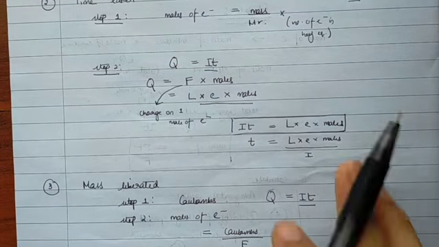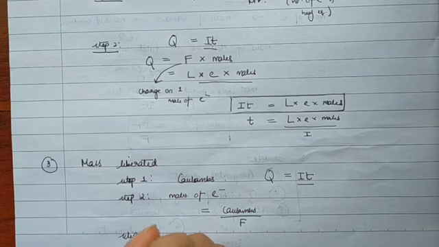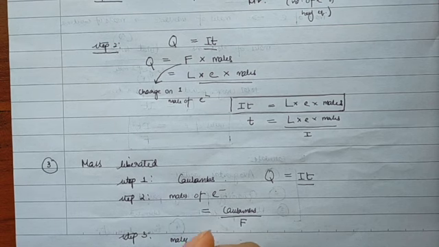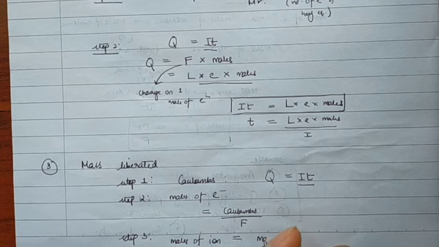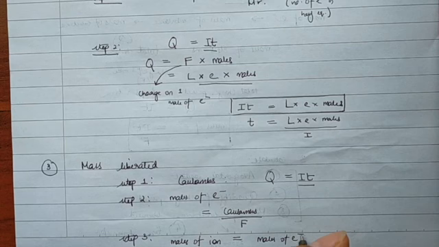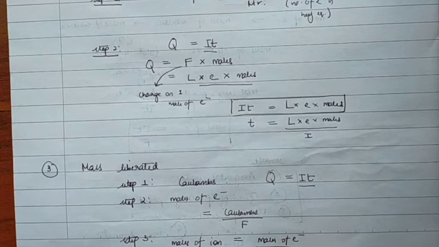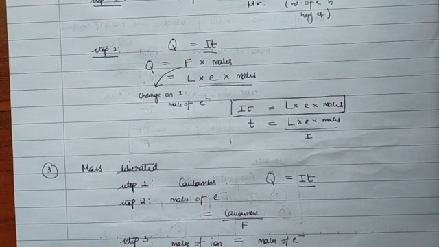So, same thing. I hope you can see that. And then step 3, you need the moles of the ion. So this will be the moles of the electron divided by the number of E in the half equation. You're like, whoa, where did this come from?